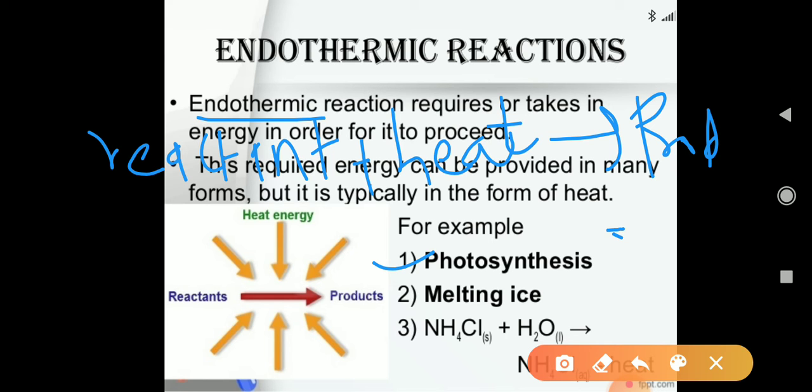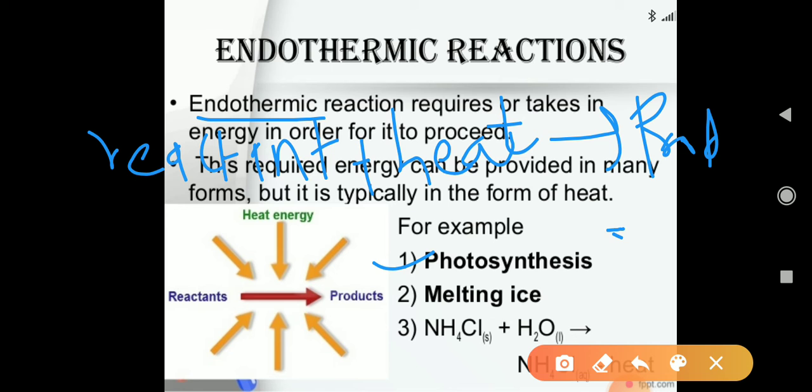We know about photosynthesis. In photosynthesis, plants prepare their own food by using light energy. Melting of ice also requires heat energy, and then the reaction takes place and ice gets converted into water.